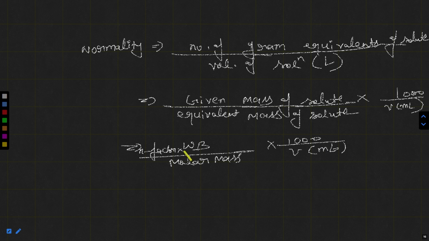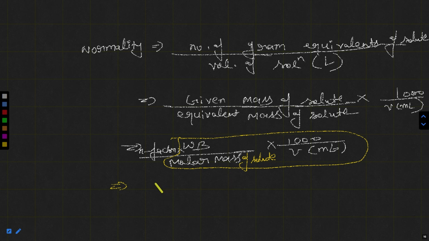You can see this WB by MB, this is molar mass of solute, into 1000 by volume in milliliter, this is exactly molarity. So you can write n factor into molarity will be equal to normality. What will be the unit? Unit will be gram equivalent per liter for normality.